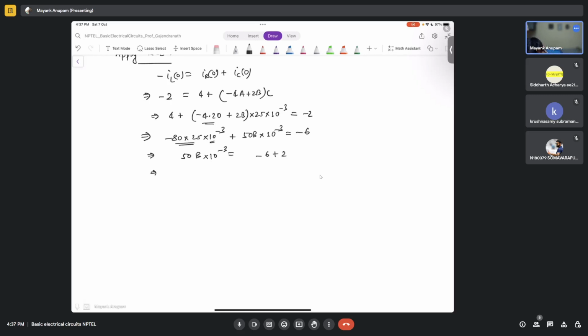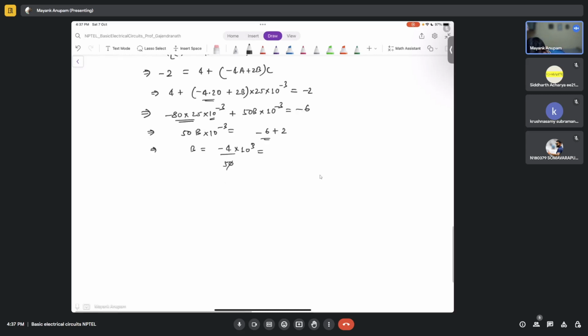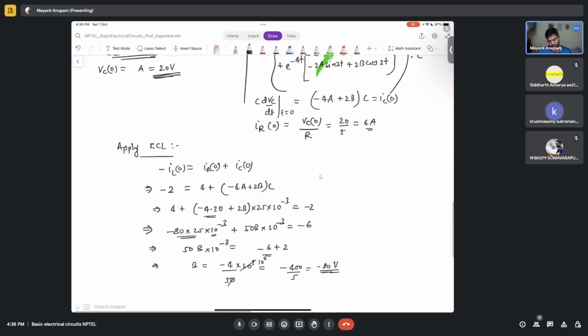So B is equal to minus 4 divided by 50 into 10 to the power minus 3, which is 400 by 5, minus 80. Minus 80 volts, isn't it? Yes.